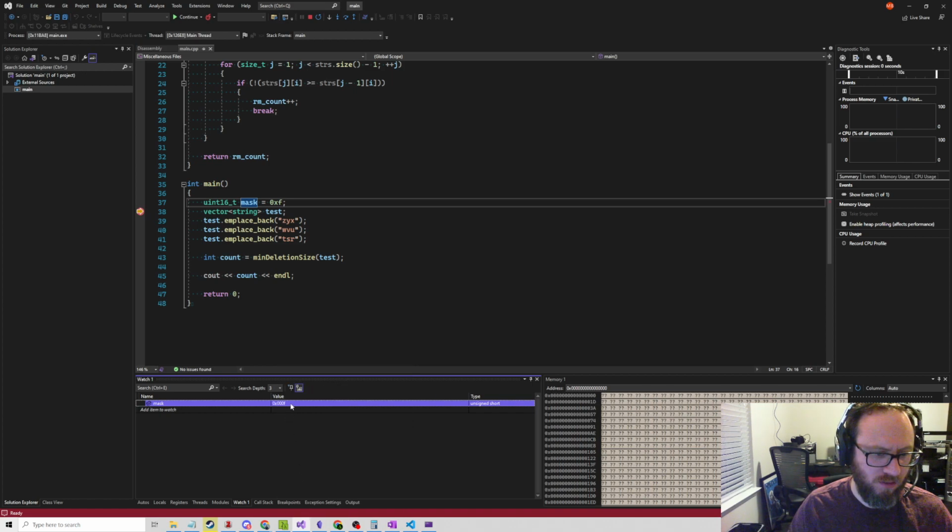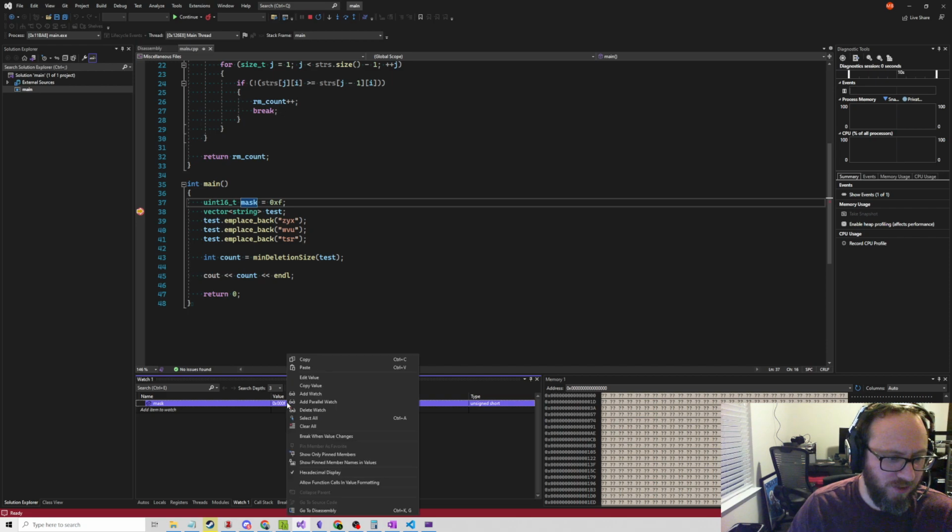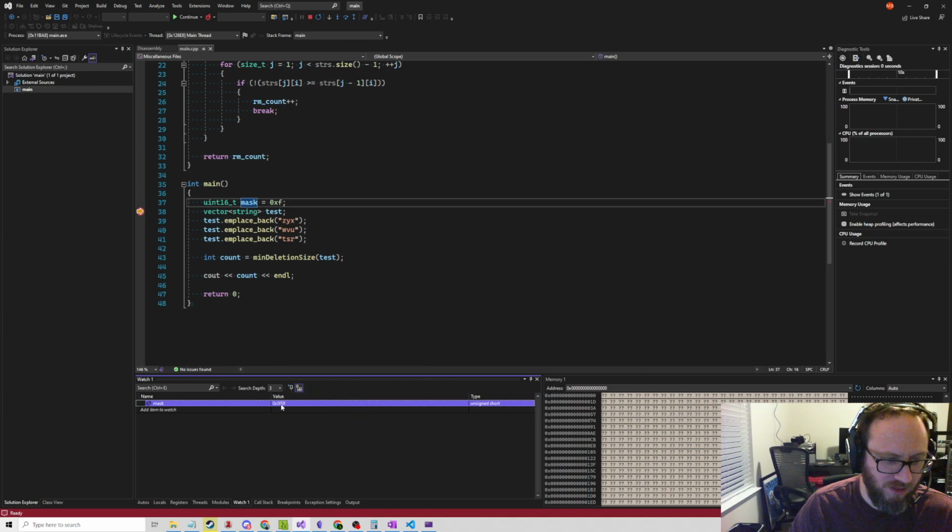So here I switched in my watch window. You can switch between hexadecimal display and decimal display. So with hexadecimal, you can see the defaults to all the other parts, all the other words. Are those words?